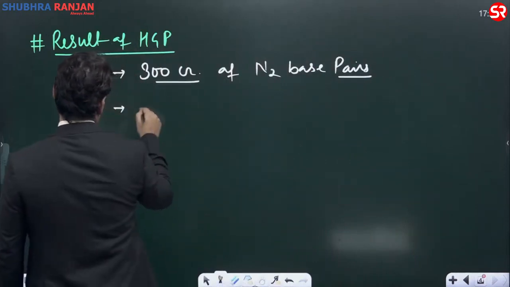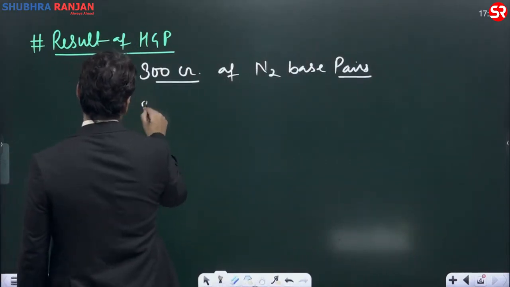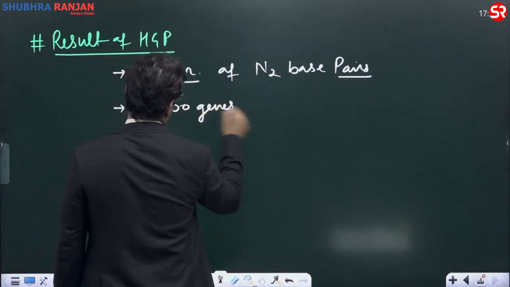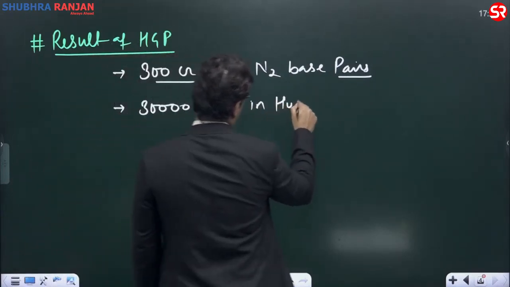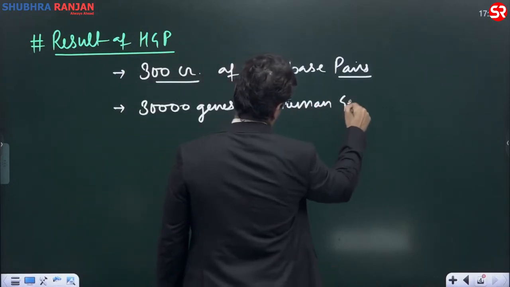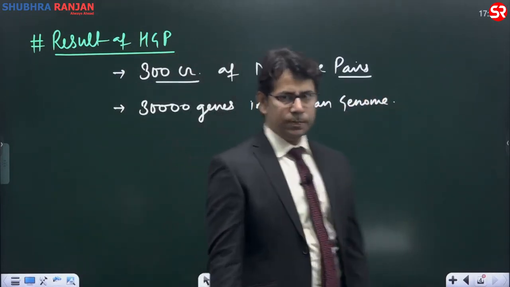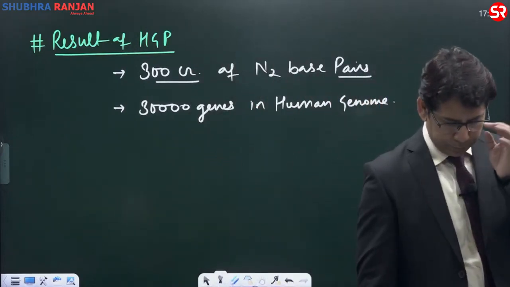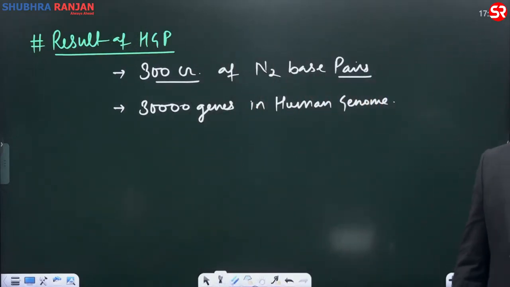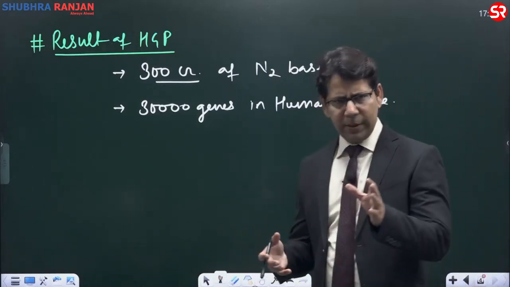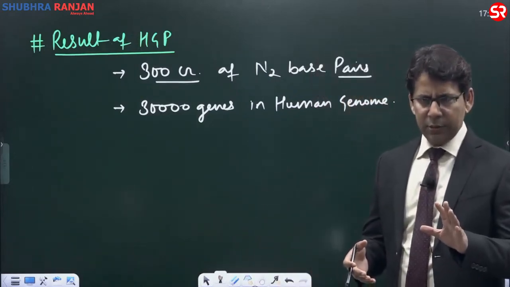Second, there are about 30,000 genes in human genome. So how many genes are there? Approximately 30,000, right?